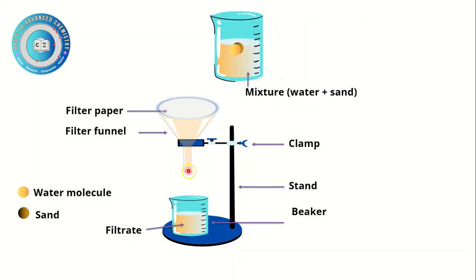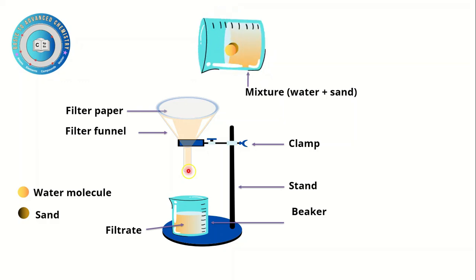The mixture is transferred into the filter funnel like this one. Then the water passes through the filter paper and is collected into this beaker. So the water which passes through filter paper and is collected into this beaker is known as filtrate.